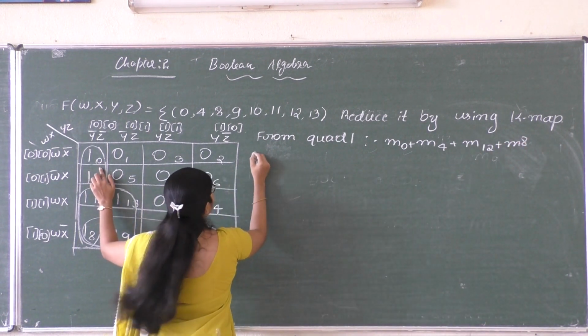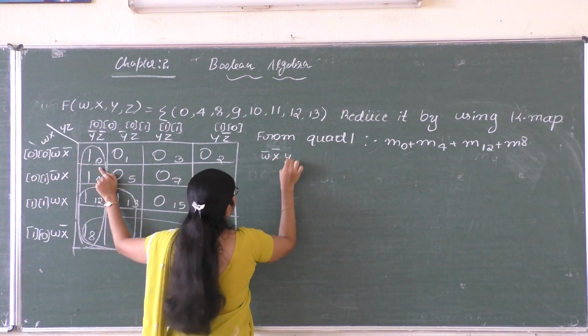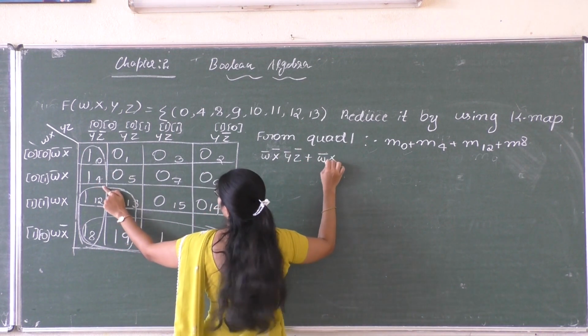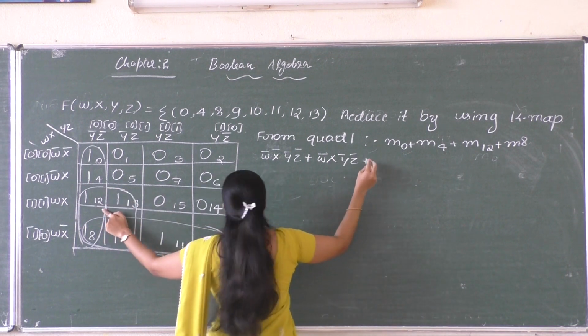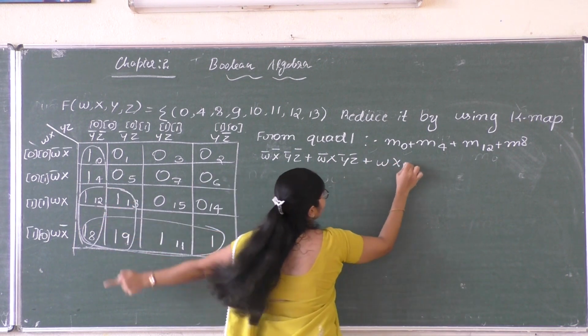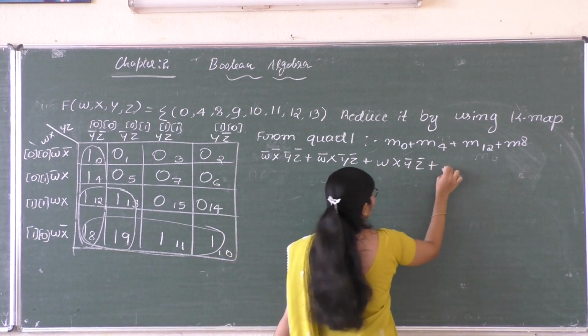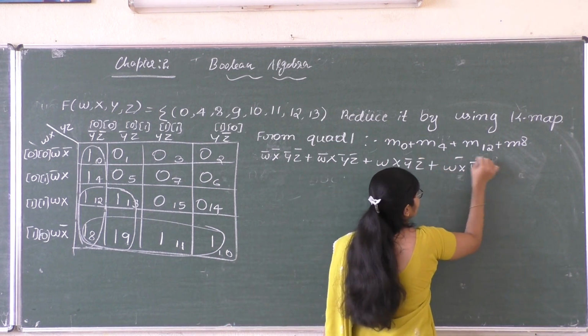Minterms are w bar x bar y bar z bar plus w bar x y bar z bar plus M12, w x y bar z bar plus M8, w x bar y bar z bar.